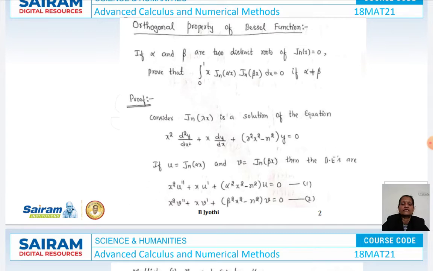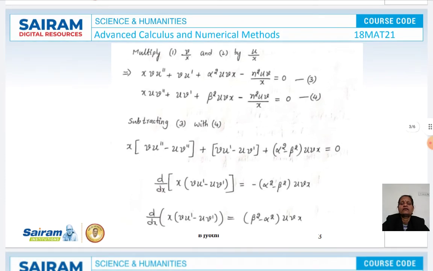Let's call this equation number 1. And x square v double dash plus x v dash plus beta square x square minus n square of v is equal to 0. Let us call this equation number 2.